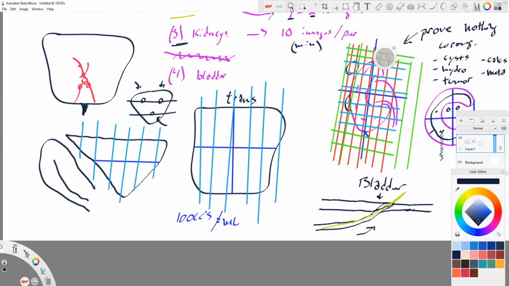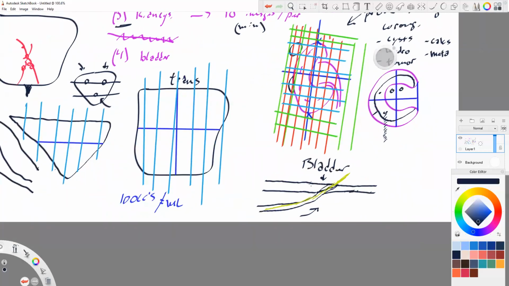What if there was a stone right here? I've seen plenty of stones right there at the ureteral vesicle junction. So we're looking for that. Of course, it has to shadow.